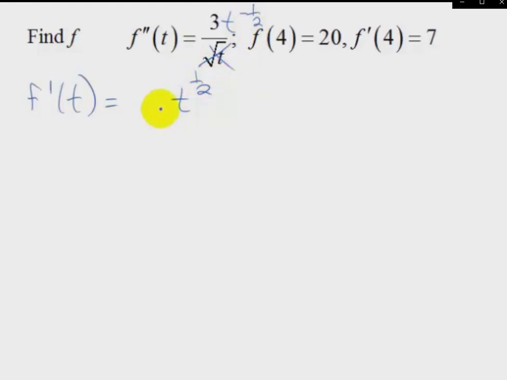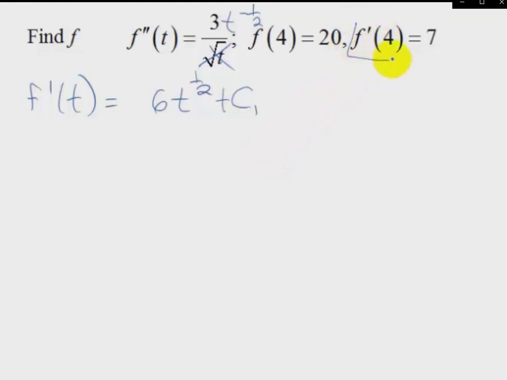Then the 1/2 would have come out in front, so we're going to need a 2 out there to cancel with that, and there already was a 3 out there, so we're going to need a 6. You can see that would work. The power would come out in front, and we'd have 6/2 or 3t, and then decrease the power by 1 to the negative 1/2. But plus a constant, we'll use a c sub 1 because there's going to be a couple of constants in this problem.